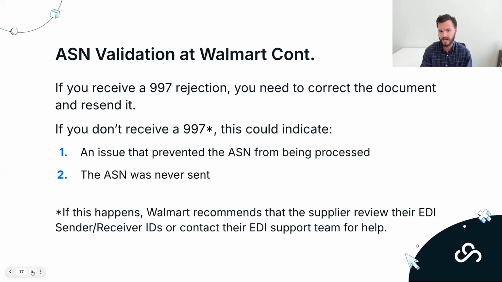I'm going to add on to that, as I mentioned before, maybe check with your EDI provider. If you don't receive a 997, this is kind of like receiving a 997 for a functional not acknowledgement as well. It could mean that there was an issue that prevented the ASN from being processed. It could mean that the ASN was never sent, obviously.